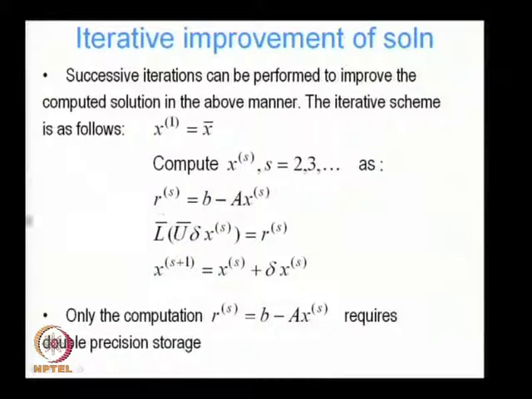So, for the first iteration we compute R1 is equal to B minus A x1, just as we saw previously, and then we compute our correction by solving L bar U bar del x_s is equal to R_s. We update our solution, the corrected solution, x_(s+1) is equal to x_s plus delta x_s. So, for s is equal to 1, for x2 we get x1 plus delta x1, then go back again and go through this whole thing again until we are satisfied that our solution is sufficiently accurate.